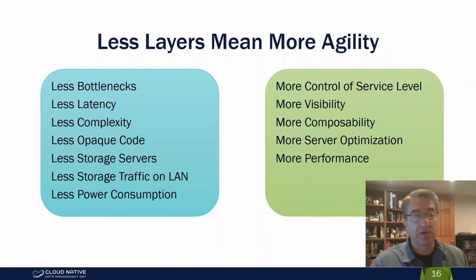Power consumption is brought down because of the physical removal of these servers and switches. In the end, we've given Kubernetes more control over service levels with more visibility and composability. So Kubernetes can come up with that optimal pairing of storage and location of compute. In the end, that means more performance.